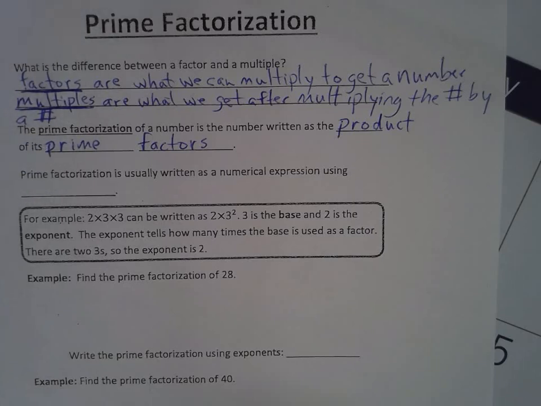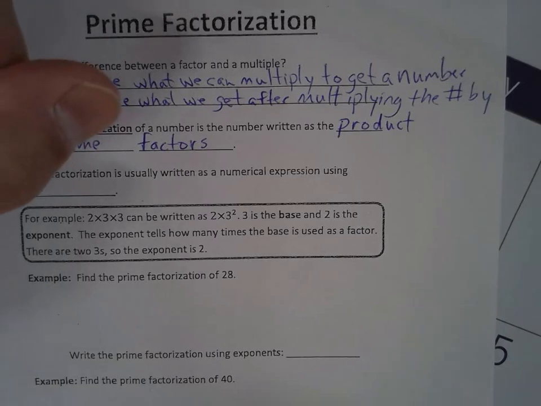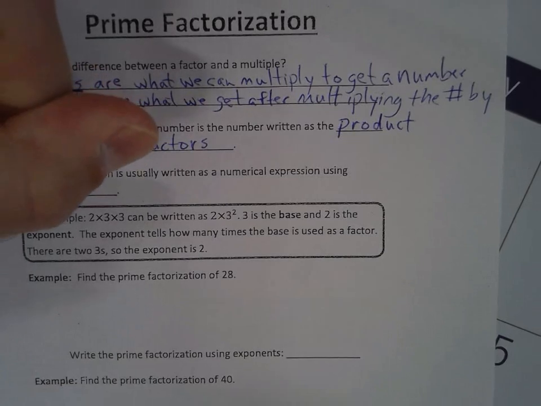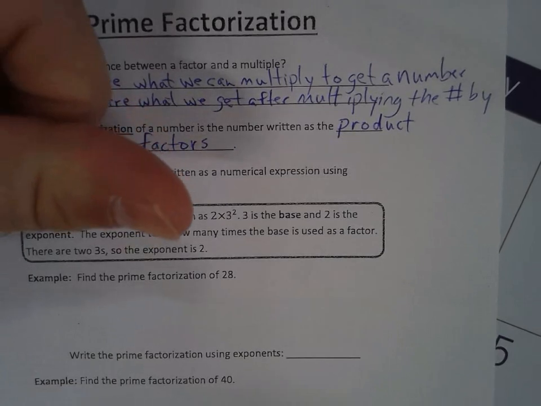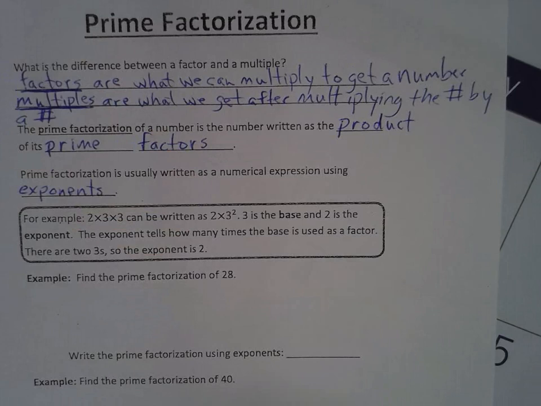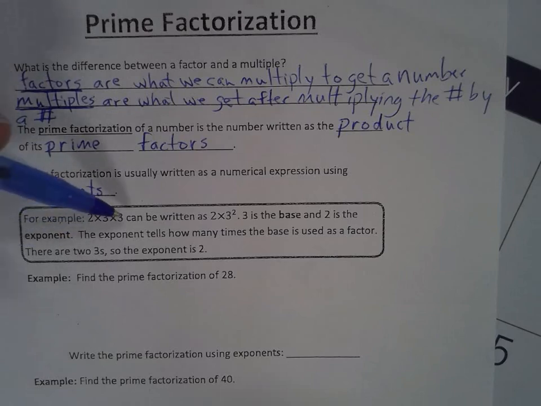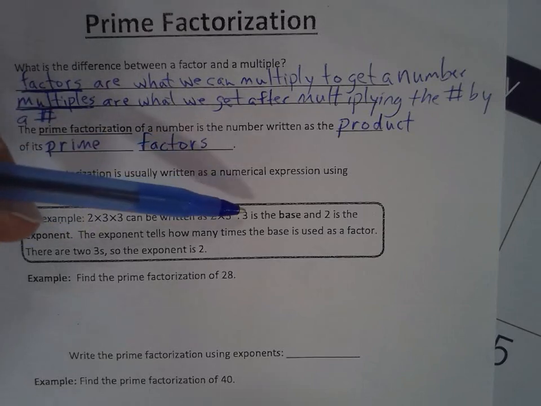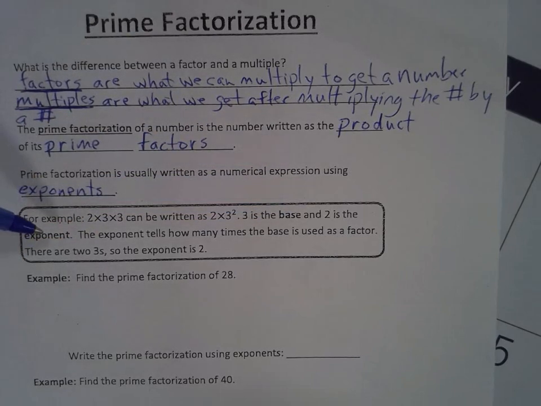So prime factorization is usually written as a numerical expression using exponents. So this is what we looked at yesterday, exponents. Okay? For example, 2 times 3 times 3 can be written as 2 times 3 squared because we have 2 3's here. 3 is the base and 2 is the exponent.